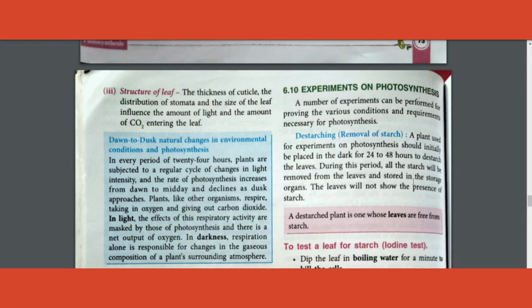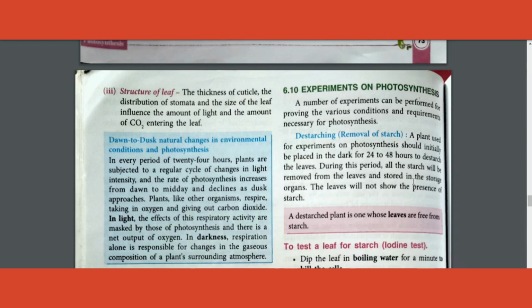Before starting any photosynthesis experiment, you should know that the end product of photosynthesis is starch itself. Therefore, to know whether photosynthesis has occurred or not, we can look for the amount of starch present. Therefore, we need to remove all starch before starting the experiments on photosynthesis. That's why we de-starch a plant.